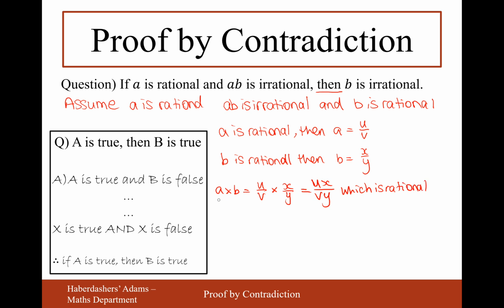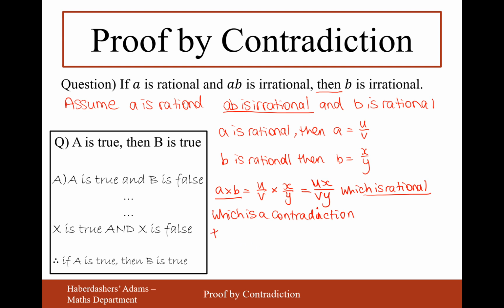And there's your contradiction, because A times B is rational, and also at the same time AB is irrational, which is a contradiction. So statement X here is the statement that AB is rational, but because it's also irrational, which is a contradiction.